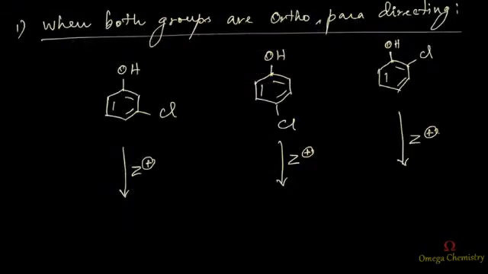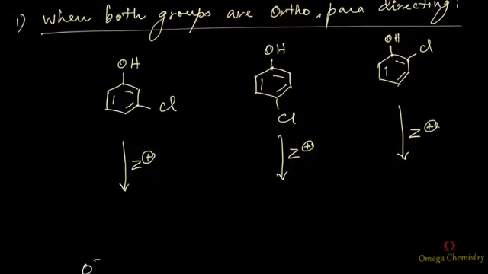So when both groups are ortho and para directing, the groups already present on the benzene ring, then the more powerful group will control the orientation of the incoming group. So we need to know the order of these powerful groups. It is given like this: O minus is the most powerful one, which will direct the third group.